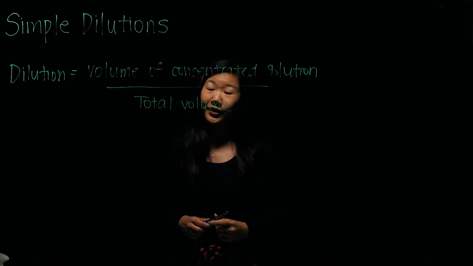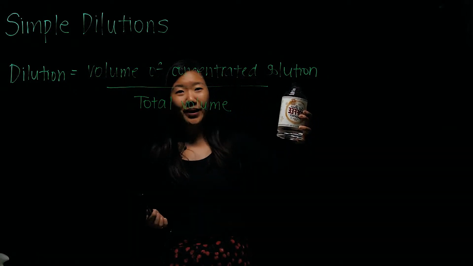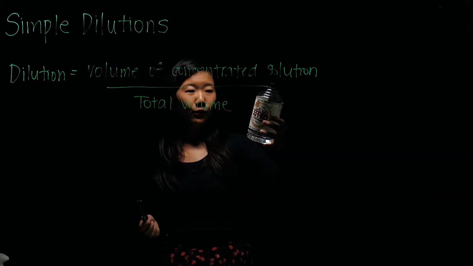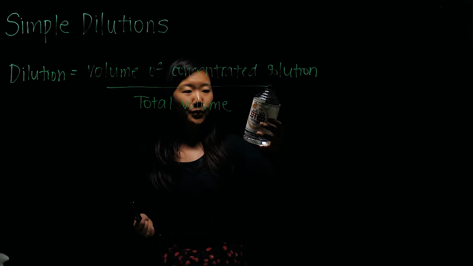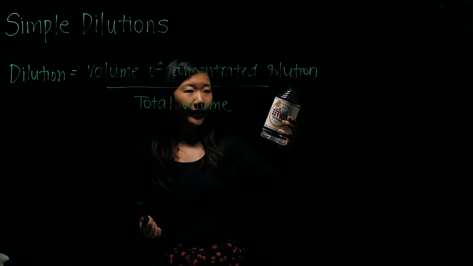So let's figure out the dilution of our cold brew coffee when we make it a drinkable strength. If I read the directions, it says mix 1 part coffee concentrate to 2 parts milk or water. So what would be the dilution for this drink?